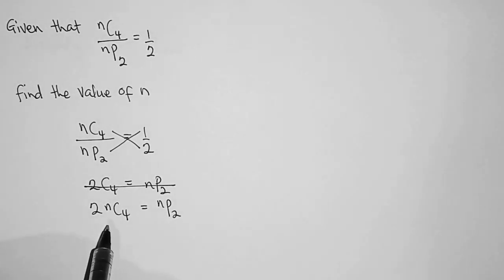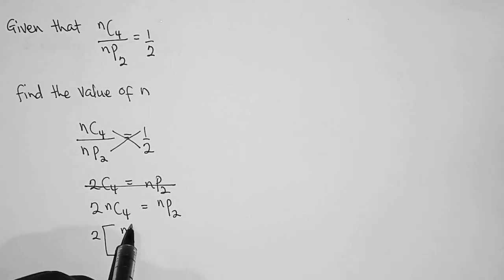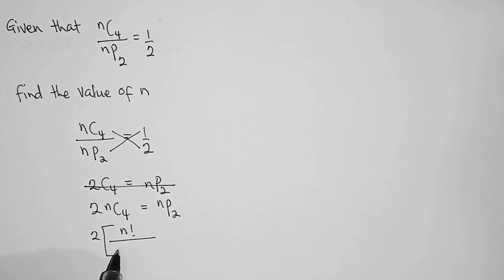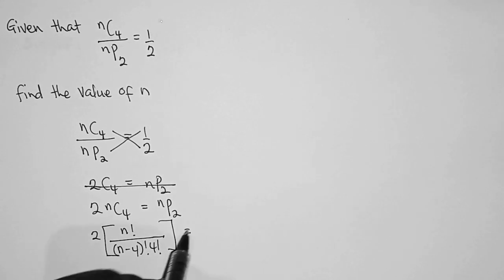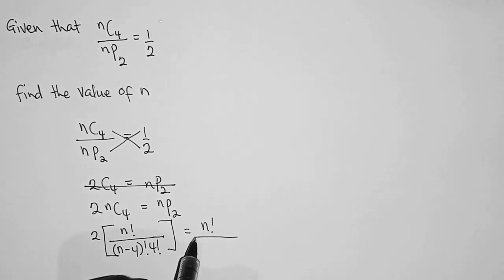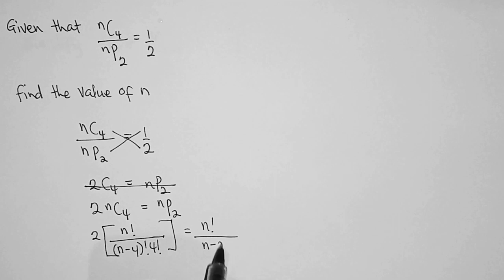So let's express n combination 4. So 2 times n combination 4 is the same as n factorial divided by n minus 4 factorial, 4 factorial, equals n factorial divided by n minus 2 factorial. That is for n permutation 2.